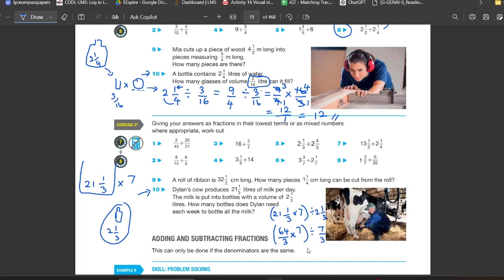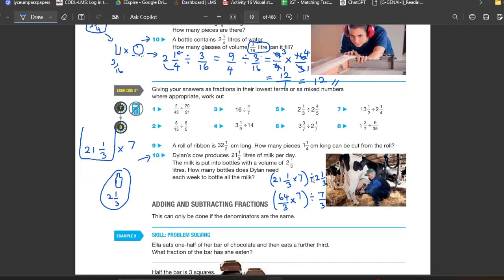Now it is better to keep this as it is. So 64 times 7 over 3. What I did was, we can put 1 here. I did the multiplication, so this whole bracket is contained here.